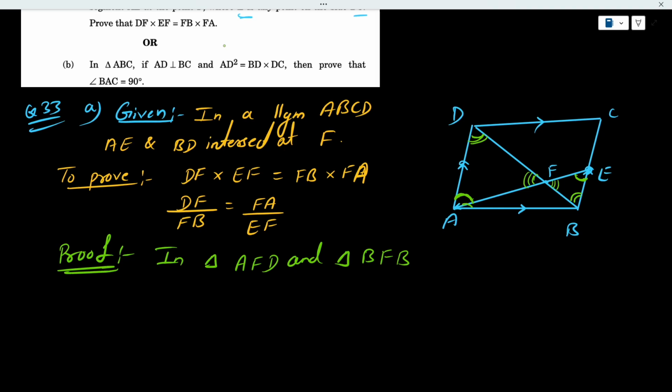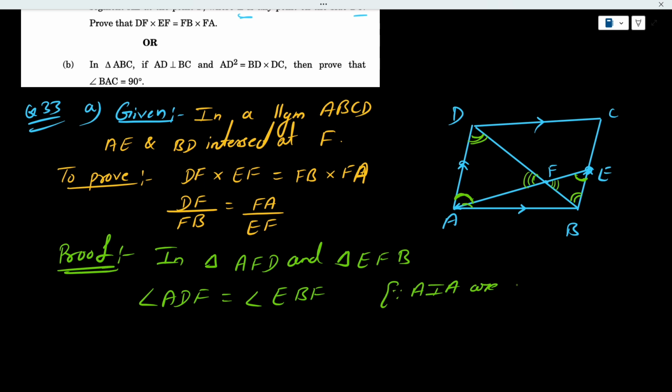Now see here, in your AFD, A will correspond to E. Then F and D correspond to B, right? Now how are we going to take it here? Take any two corresponding angles which are equal. So if I take angle ADF, which is equal to angle EBF, because here alternate interior angles are equal, right?